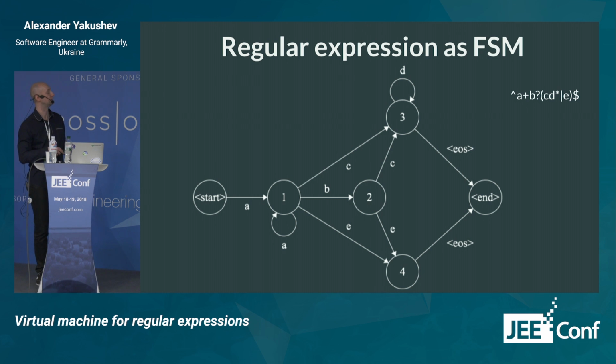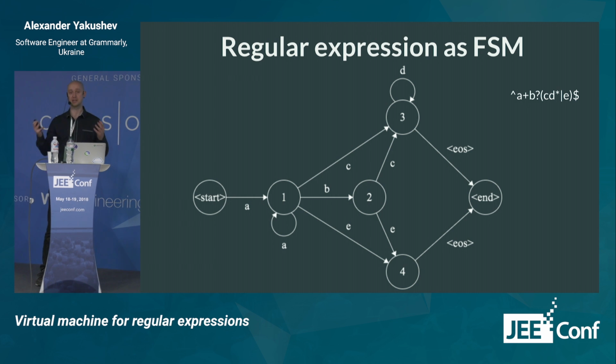That's our optional B. Or we can immediately go by C to number 3, and there is this D loop here, or we can get to node number 4 by E, and from there, if that's the end of string or end of sequence, we can get to the end of the automaton, the state machine, which means a successful match.